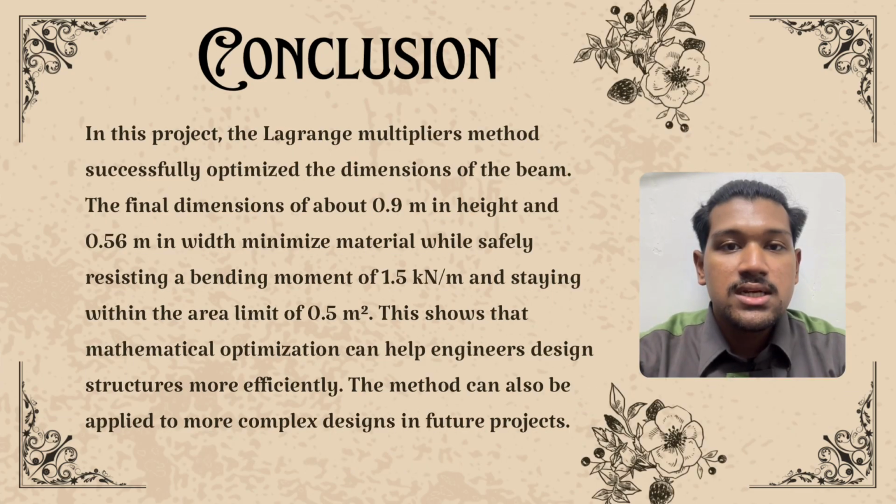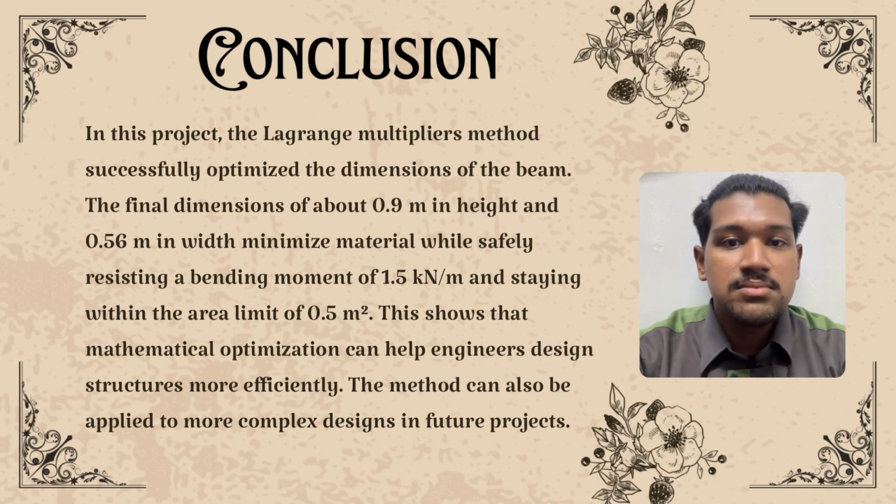For the conclusion, in this project, the Lagrange multiplier method successfully optimized the dimensions of the beam. The final dimensions of about 0.9 meter in height and 0.56 meter in width minimize material while safely resisting a bending moment of 1.5 kilonewton meters and staying within the area limit of 0.5 square meter.